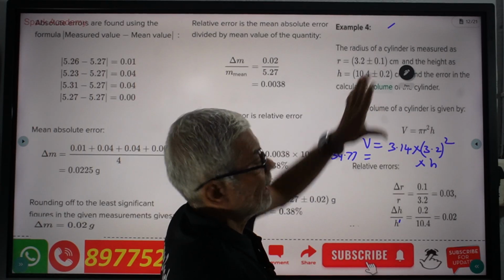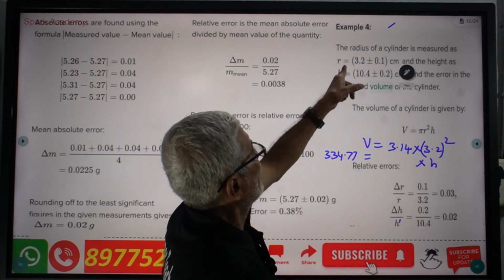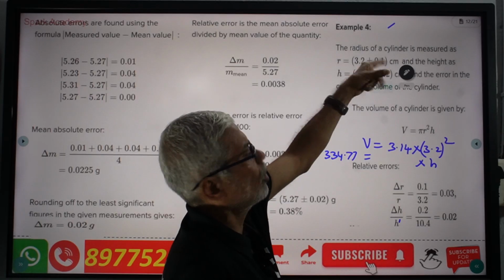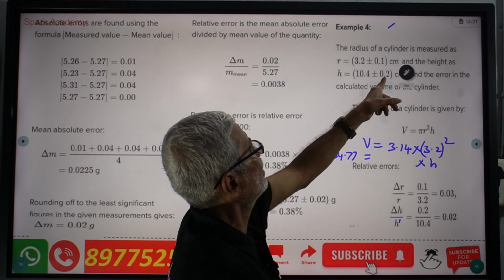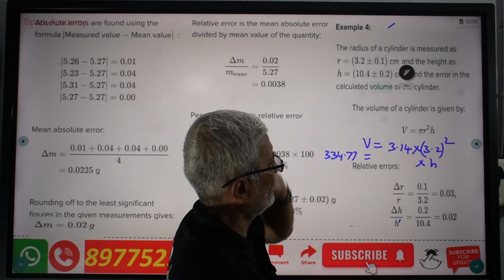But there are some errors. Radius can be 0.1 more or less and height can also be more or less by 0.2.